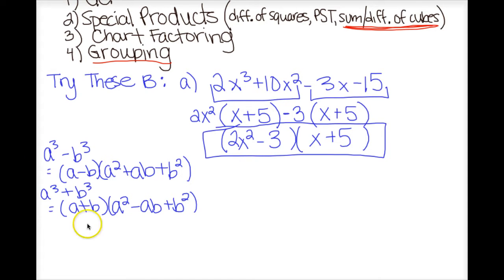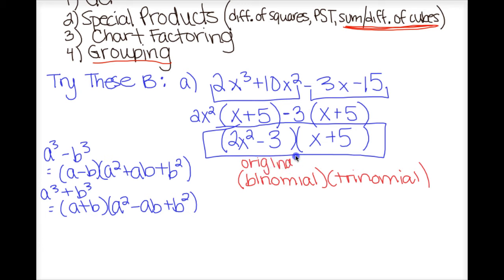Now, what I want you to write in the margin is the pattern that is always true, because I don't want you to get caught up in the a's and b's necessarily. One thing that's always true is that a sum and difference of cubes factors into a binomial times a trinomial. So, binomial, trinomial. Your original is a binomial.